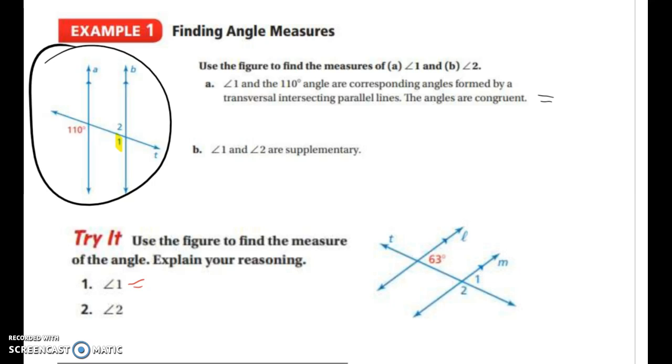So the highlighted one is not 1 degrees, that is angle 1. And that little sign that looks like a less than actually means angle. We need to find the measurement of the highlighted section, angle 1.